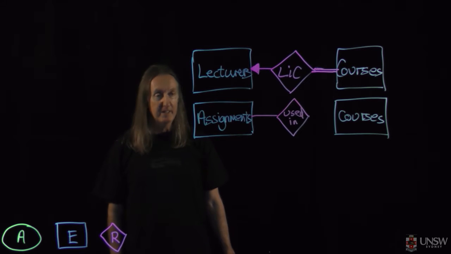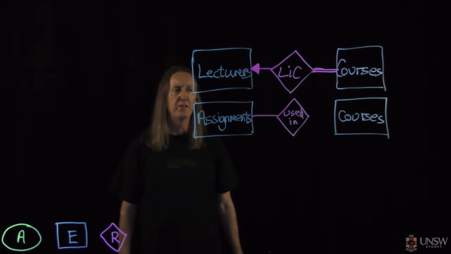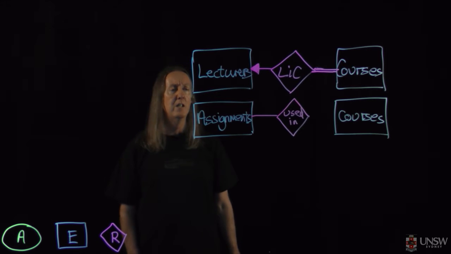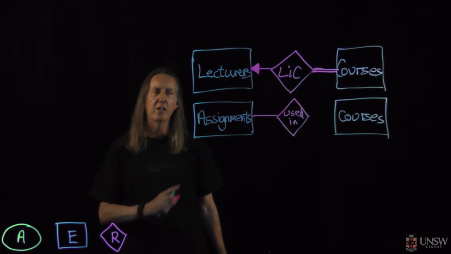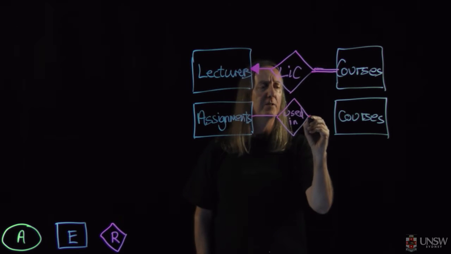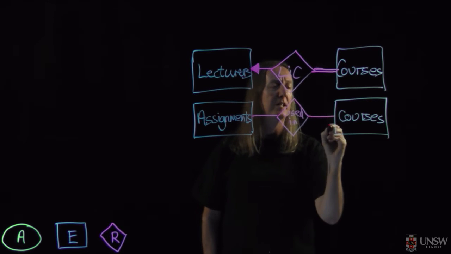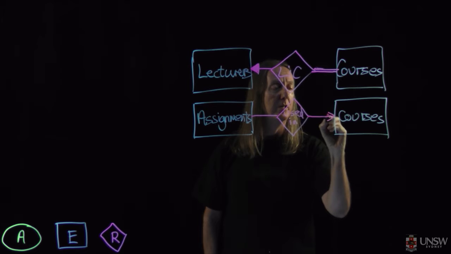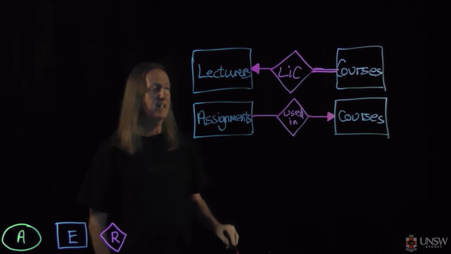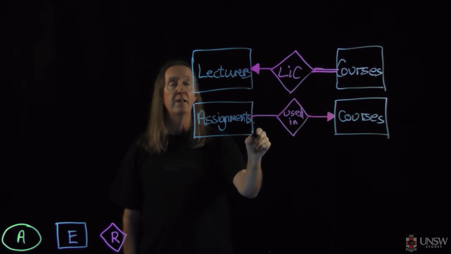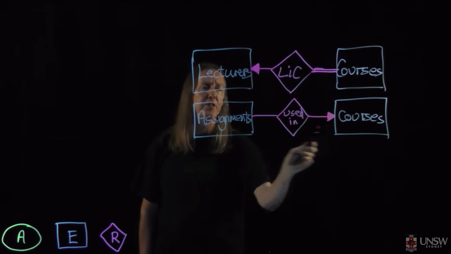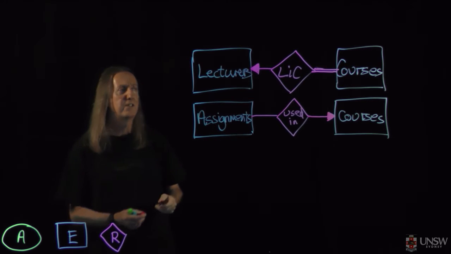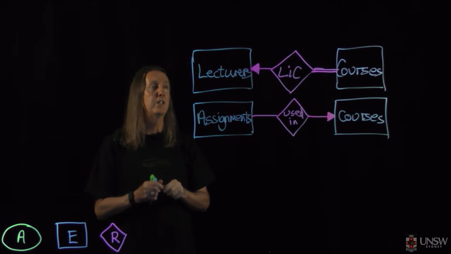The other aspect of this relationship, as I said before, is that each assignment is only used in one course. So once again, we have this one-to-N relationship, which we indicate like this. So each assignment is used in exactly one course. The fact that we don't have an arrow here means that a particular course may have several assignments used in it.